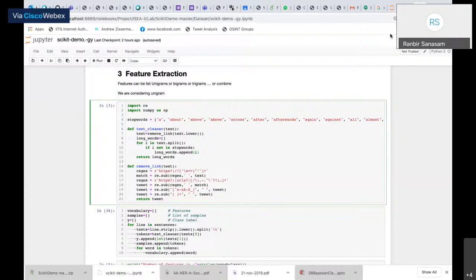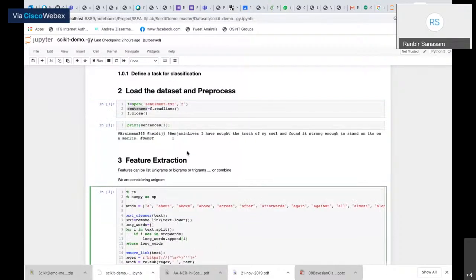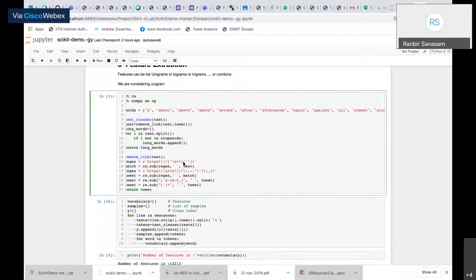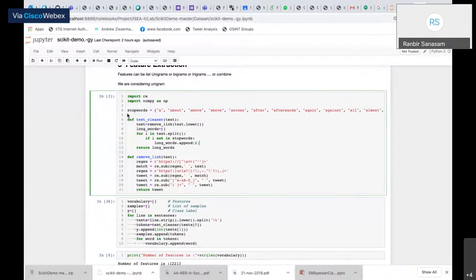Extracting features basically means I want to open these text files and extract all the unigrams as features. That's it. That is what I'm going to do. But in text mining, there is something called stop words. Stop words are words which commonly occur in many documents, in both positive and negative documents together.